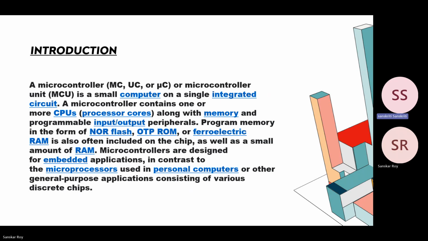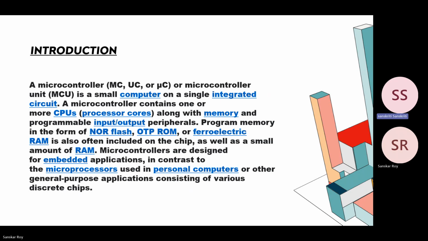So a microcontroller is basically a small computer which has an integrated circuit. It contains one or more CPUs, which means a processor core, along with the memory and programmable input-output peripherals.